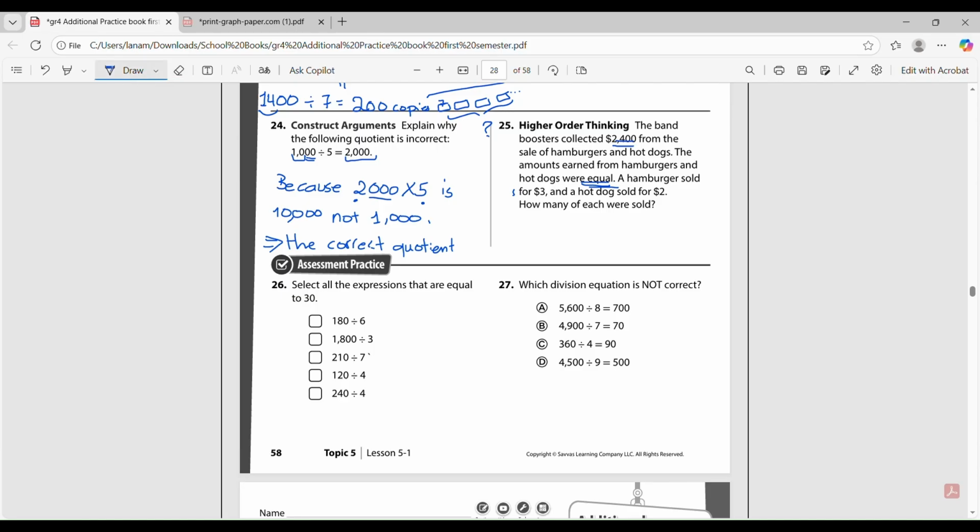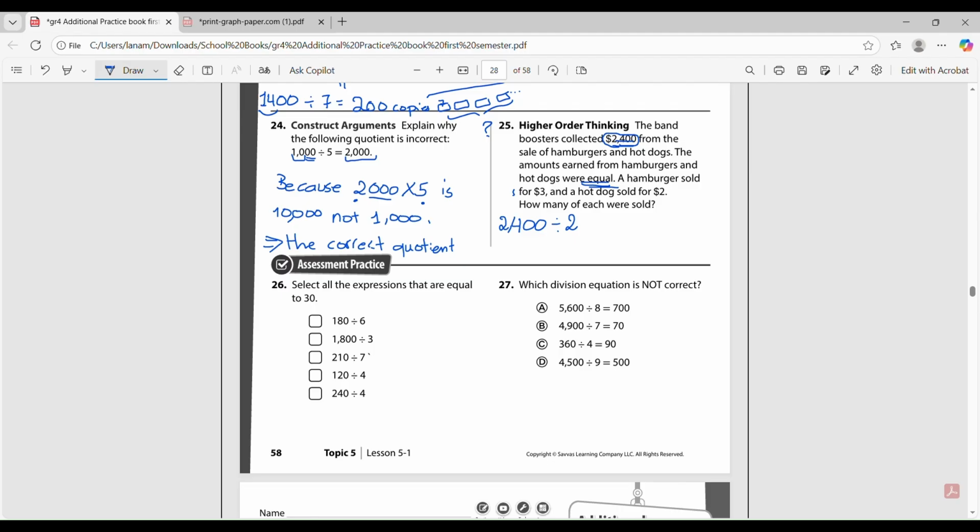Now, first of all, the total for both hamburgers and hot dogs is 2,400, and they told us that they are equal. So in order to get the amount of money I got for each one, I'm going to divide by 2. So 2,400 divided by 2, so we have two things that are being sold, and we're told that the amount of money they received for each one is equal to the other.